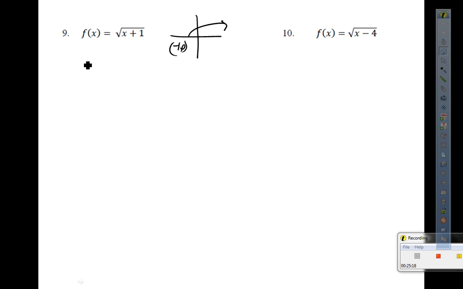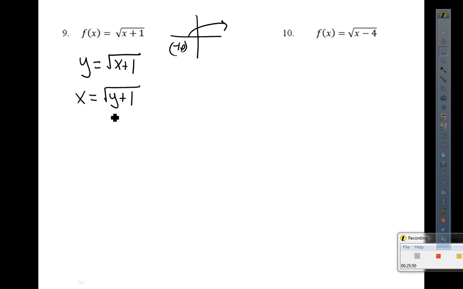So here goes. Step number 1, y equals the square root of x plus 1. Step 2 says switch the x and the y. So I now have x equals the square root of y plus 1. Then it says solve for y. Here's how we solve for y.